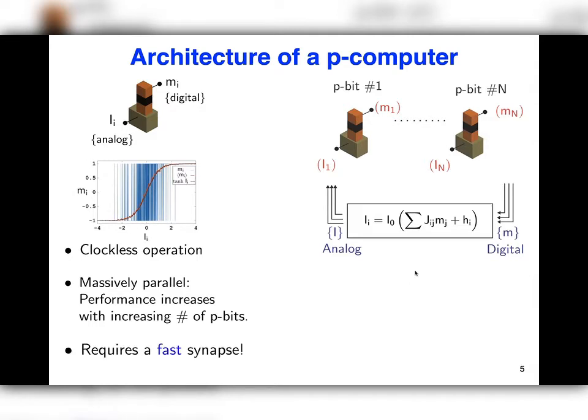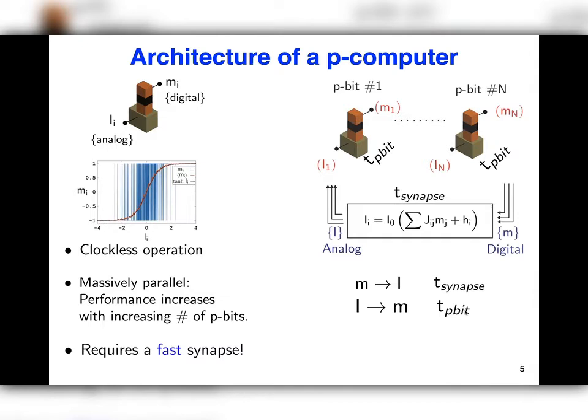Now, an important requirement, though, is that this requires fast interconnection. Okay, for me to explain it, if you look at this architecture on the top right, you see that there are these two time constants, which we call tau p-bit and tau synapse. Now, the tau synapse is the time it takes for you to generate an input given the outputs, and tau p-bit is the time it takes to generate an output given the inputs.